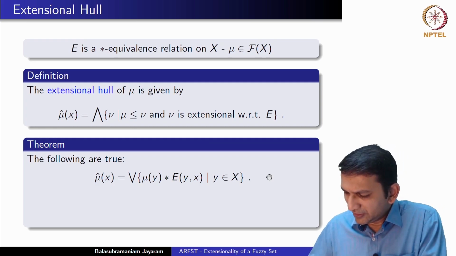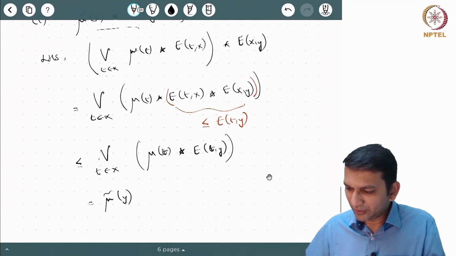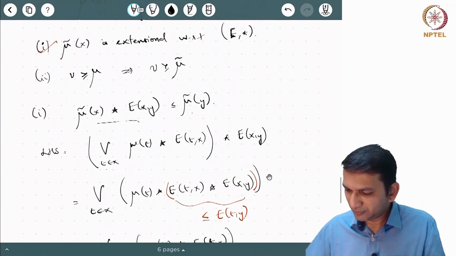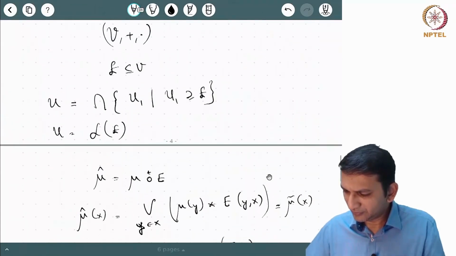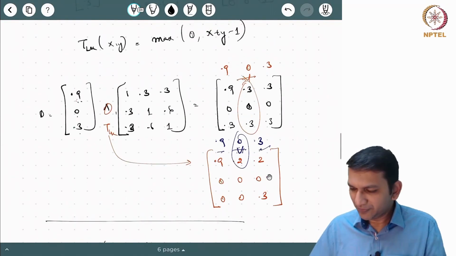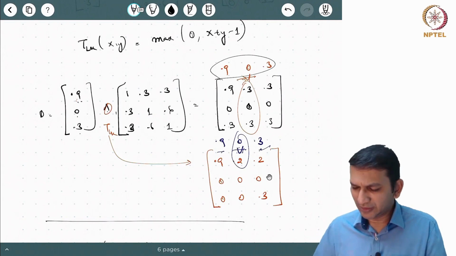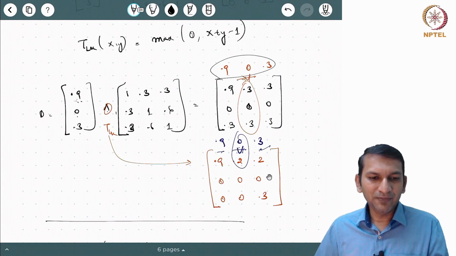So let's work this out. We have seen that, note here, we saw that 0.9, 0.3 with respect to EM and min was not transitive, because it is 0. It was not extensional.